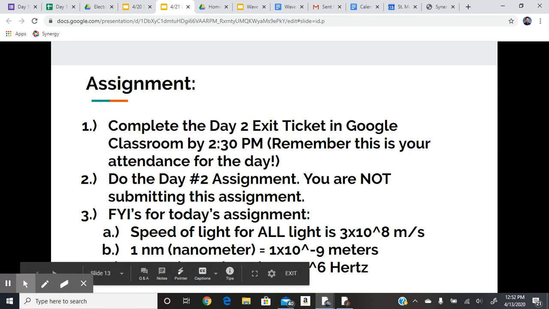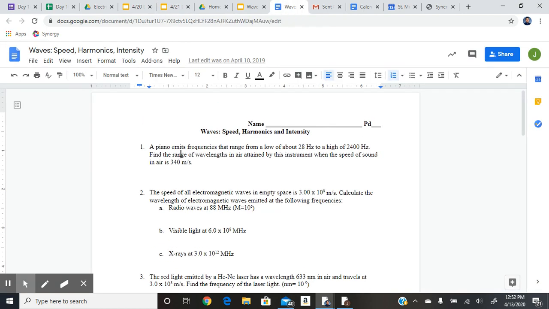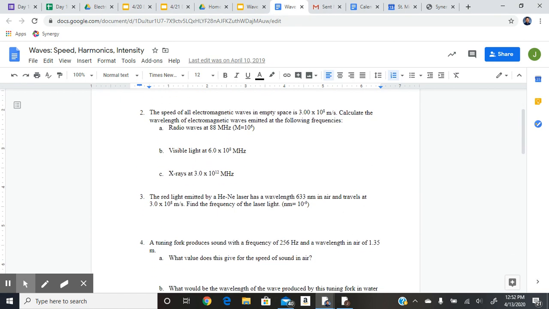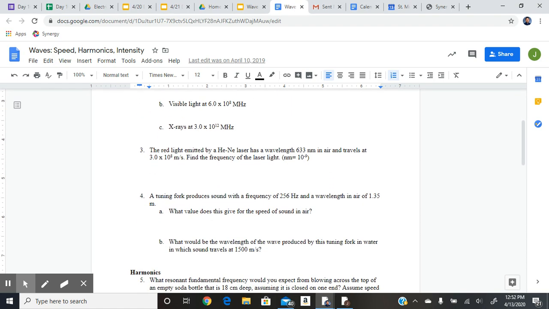All right, so your assignment for the day: complete the exit ticket number 2. And then there's an assignment number 2. Just an FYI, there are 3 different parts to this assignment. There is a section that is about just speeds of waves.